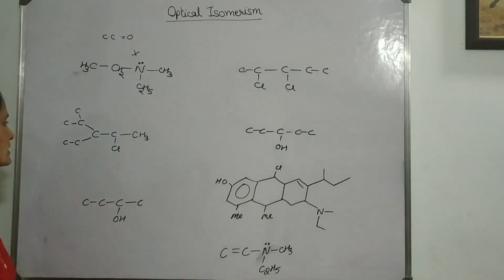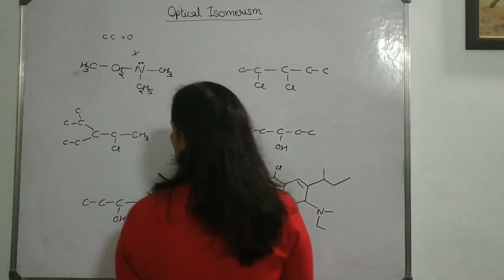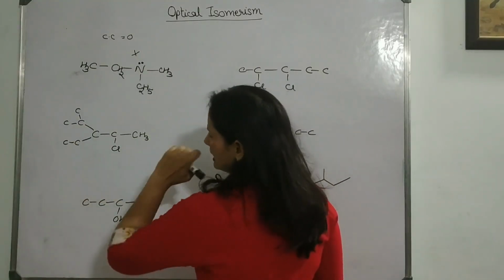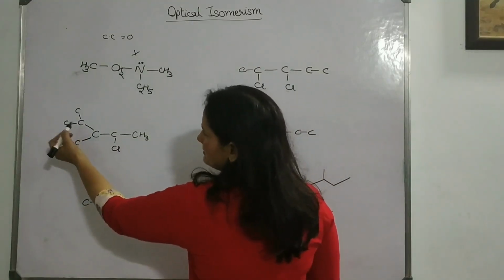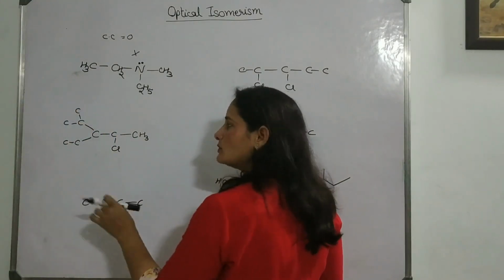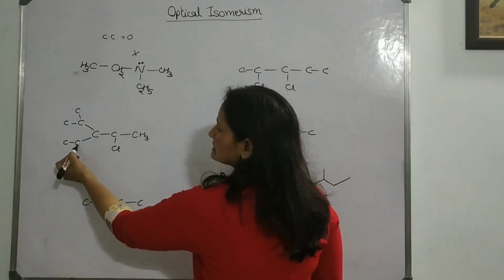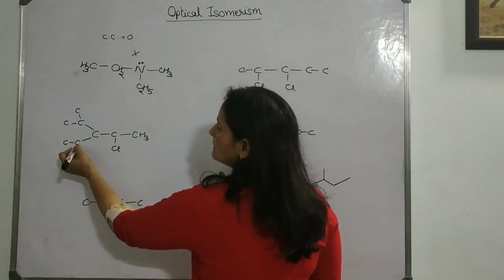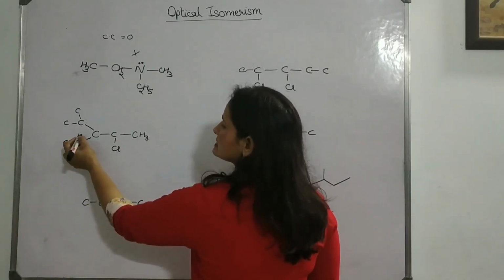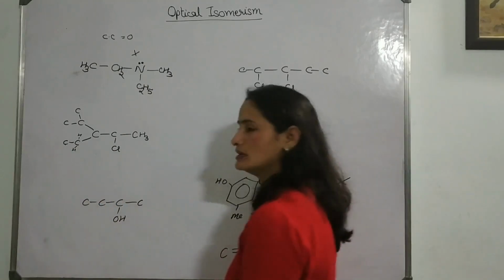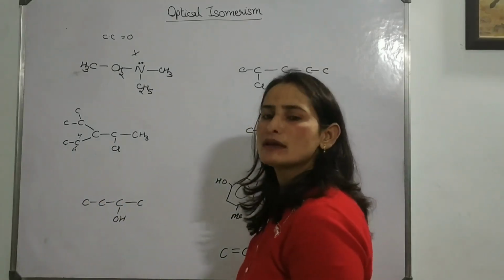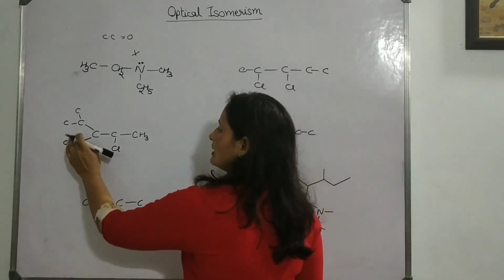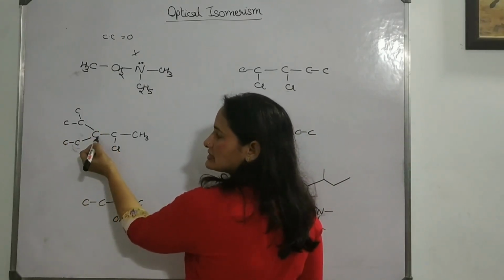Now the second one. If we check carefully, first check this carbon: 2 methyl, same group, no need to check further. This carbon has 1 methyl, one side this complete group, but the rest of the 2 valencies would have hydrogen. So definitely not going to be chiral in nature. Now come to the next one, check this carbon.